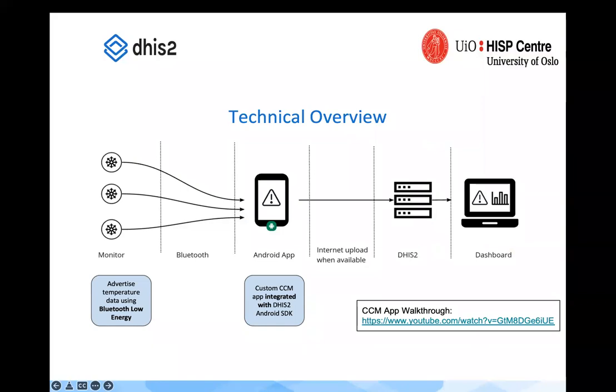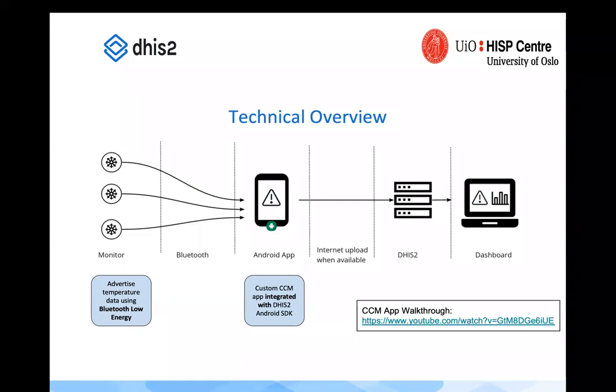It is a BLE, Bluetooth low energy sensor that is synchronized with the mobile app that is basically integrated in DHIS2. So you will not need to have a separate application on your mobile phone. Vision is to have everything work in DHIS2.